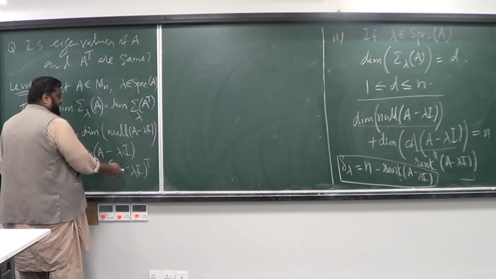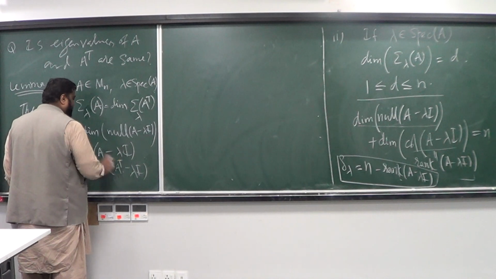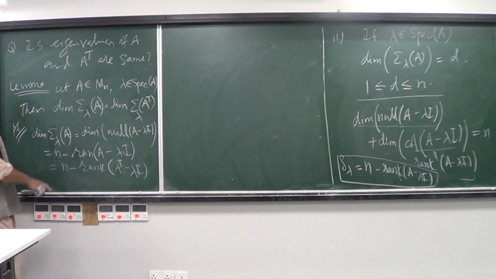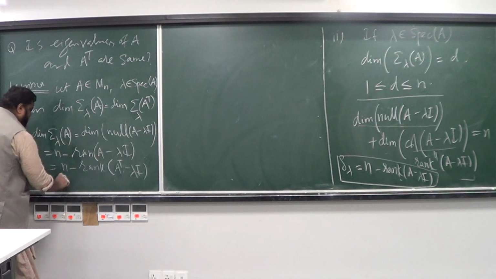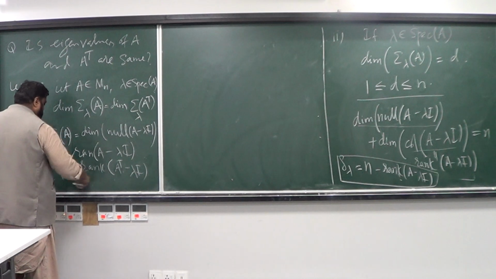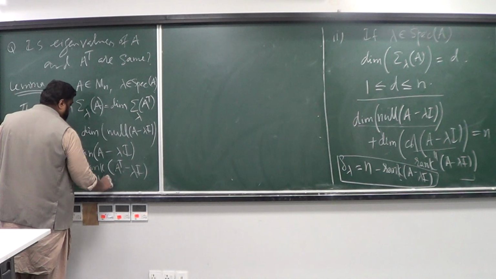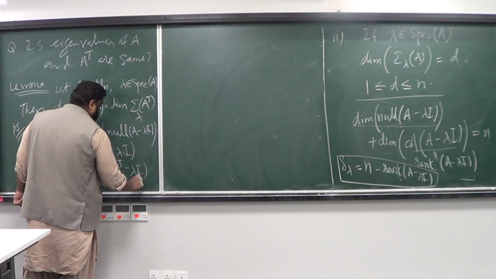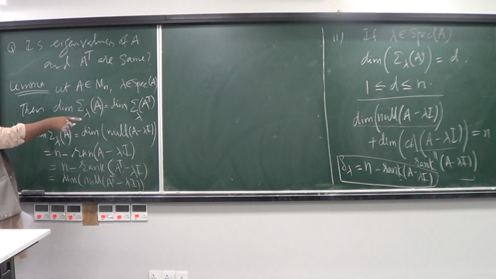So the transpose of A minus lambda I is A transpose minus lambda I. And this is the same as n minus the rank, that is, the dimension of the null space of A transpose minus lambda I, because of the same result again.